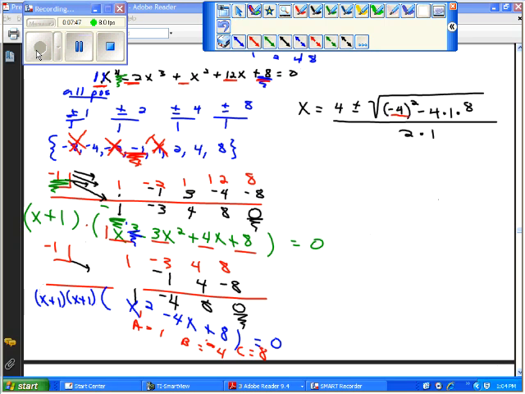We're going to do the exponent, the multiplication, and that multiplication. So we're going to have x is equal to 4 plus or minus the square root of negative 4 squared is 16. 4 times 1 is 4 times 8 is 32. You're multiplying with an odd number of negatives, so the answer is a negative, all over 2.